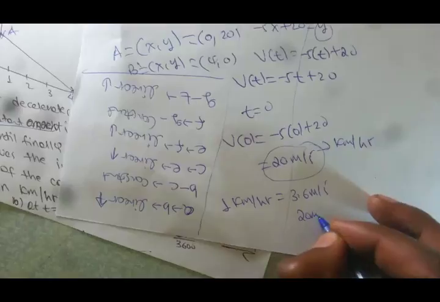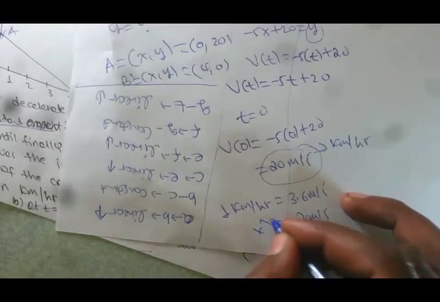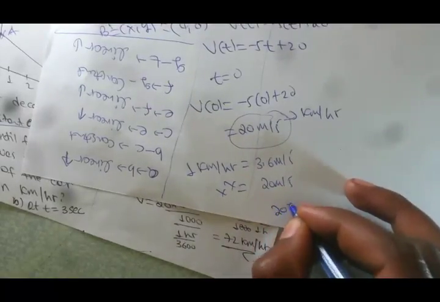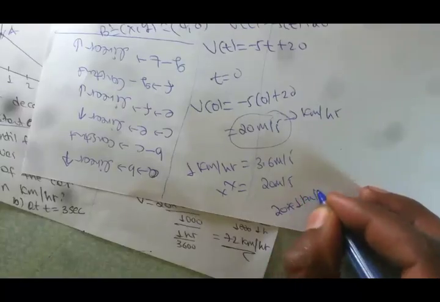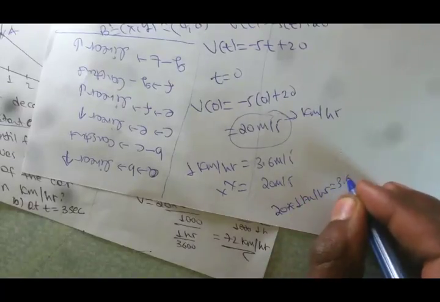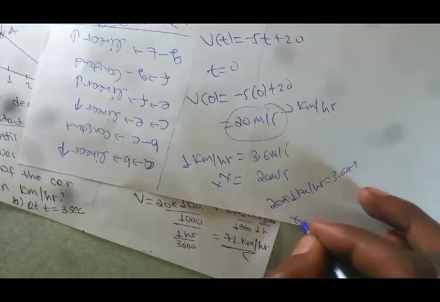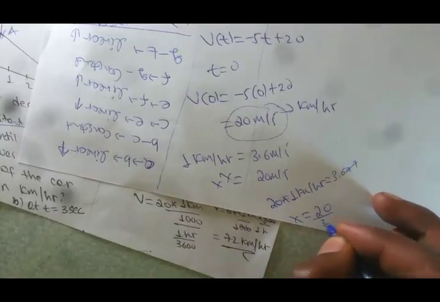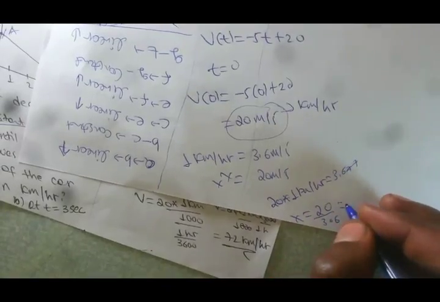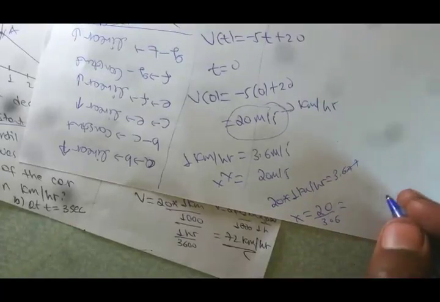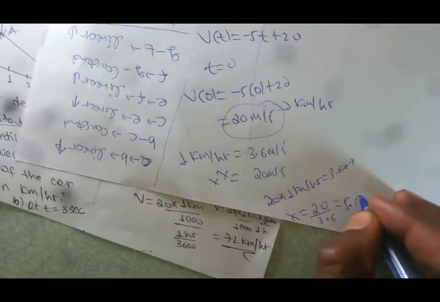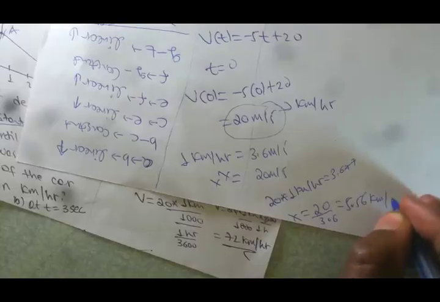Therefore 20 meters per second will be x, crisscross: 20 times 1 kilometer per hour is equal to 3.6 times x. Therefore x is equal to 20 divided by 3.6, which is equal to 5.56 kilometers per hour.